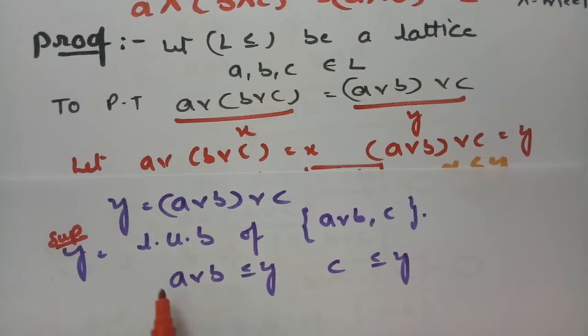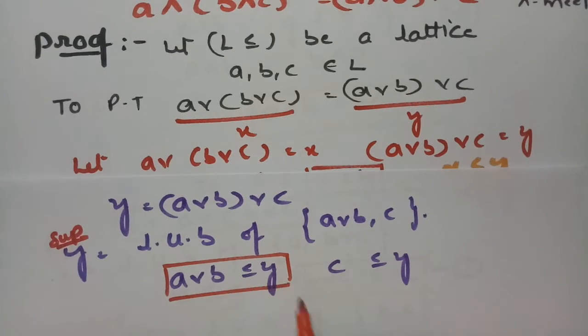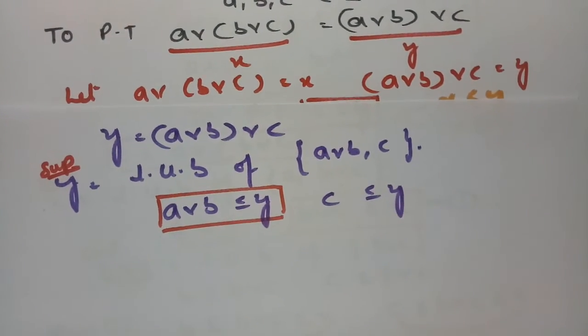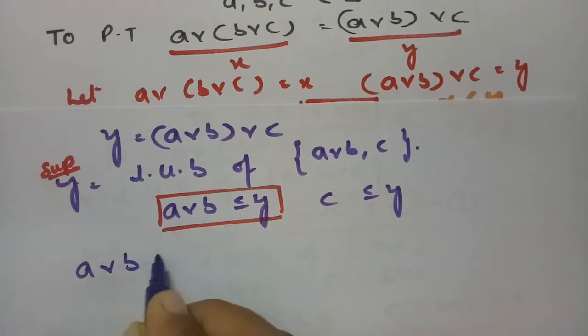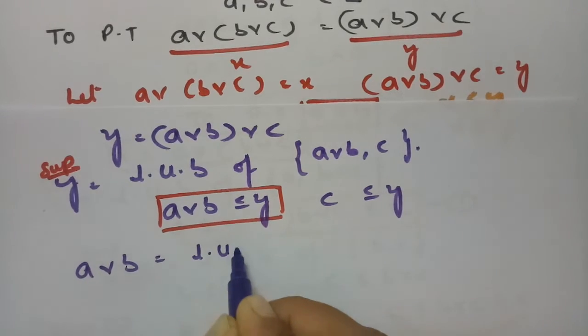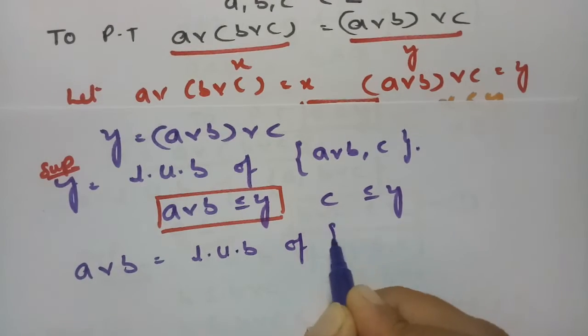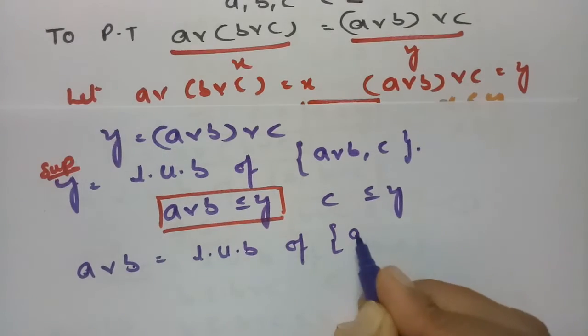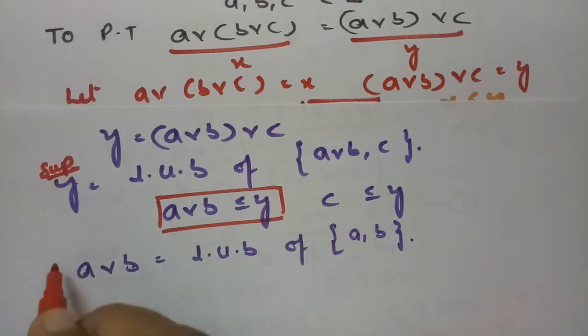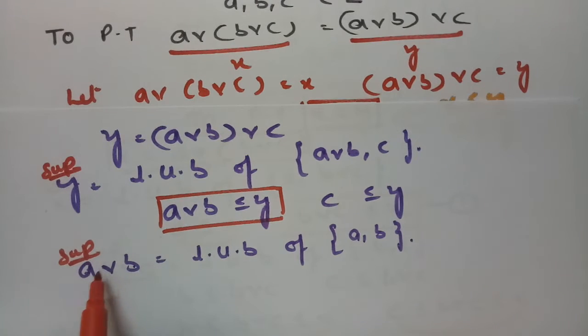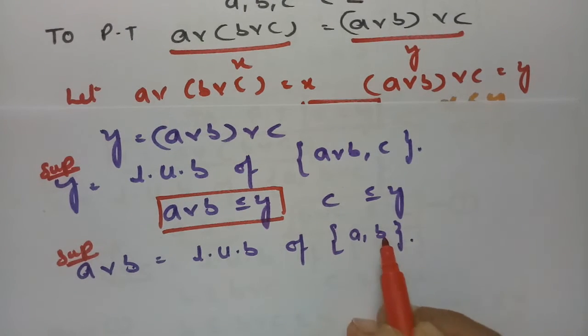And note this relation. After noting this relation, see what happens. Now coming to A join B. A join B is nothing but the least upper bound of the set with elements A, B. So least upper bound is nothing but the supremum, so this is the supremum value for this set.